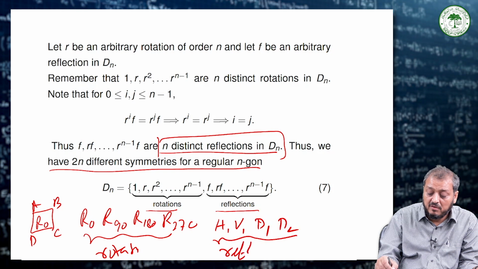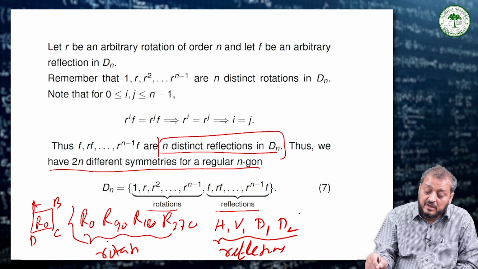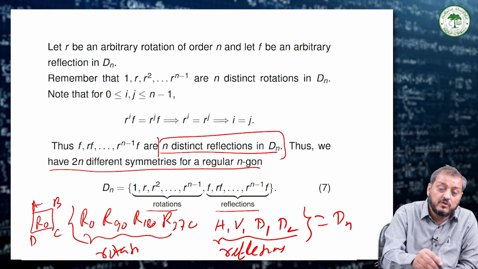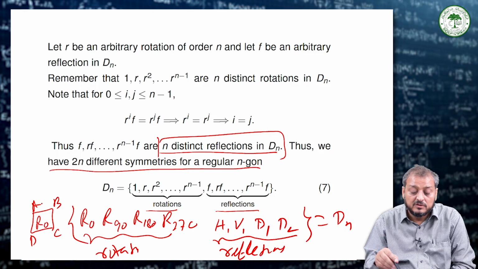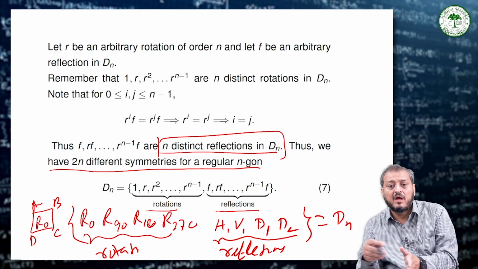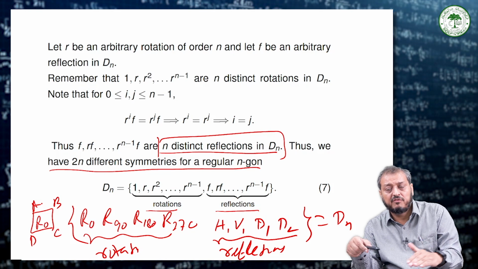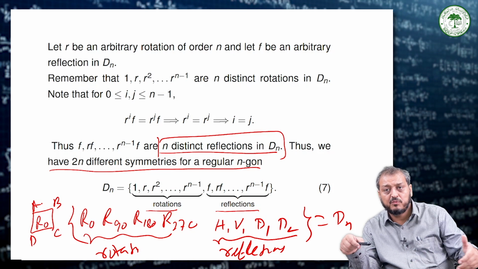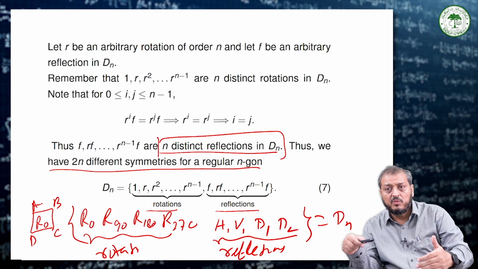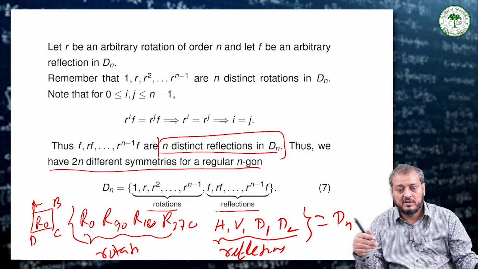Clearly this is our Dn in the case of a square. Later I will show this example in detail, how to construct it geometrically by rotations and reflections, and then prove that it satisfies all the properties of a group, so that it is clearly the group Dn.